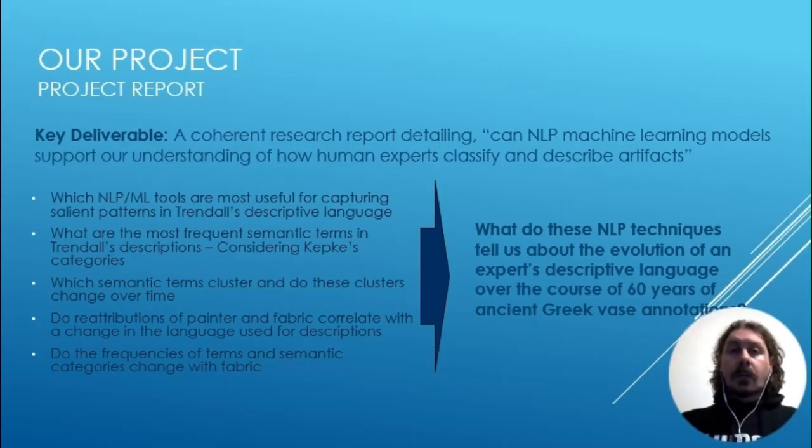The key output of our work is going to be a research report. It's going to detail our progress towards the four major questions posed to us by the Trendall team.